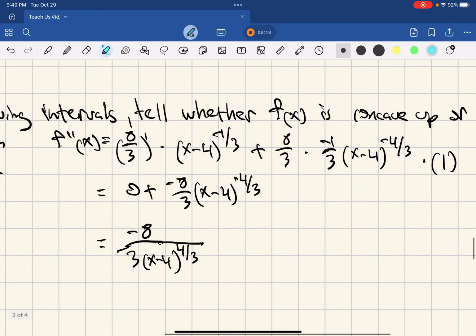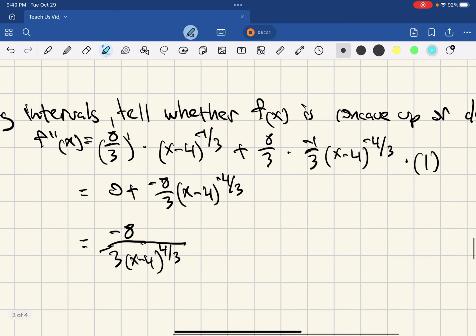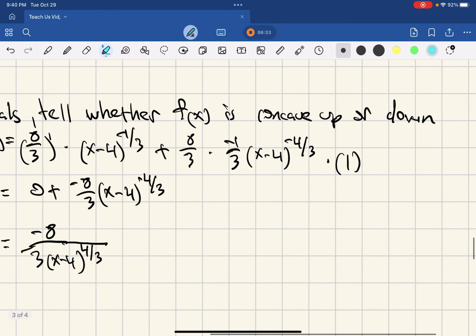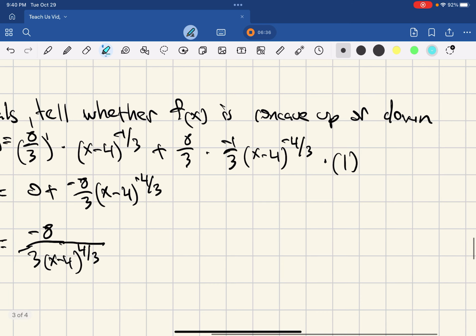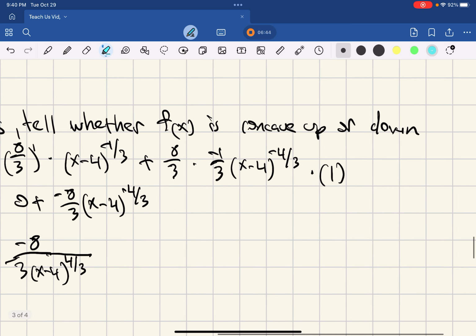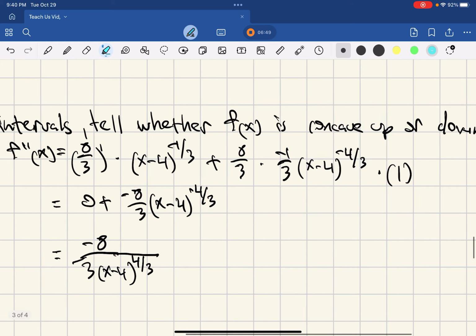So the second derivative, we get 8 over 3 prime times (x minus 4) to the negative 1 over 3 power, plus 8 over 3 times negative 1 over 3 times (x minus 4) to the negative 4 over 3, chain rule. And then we also have this times 1. This 1 is from the derivative of x minus 4.